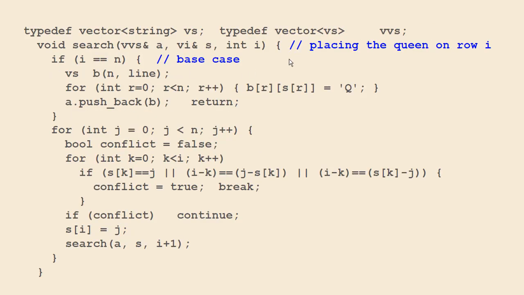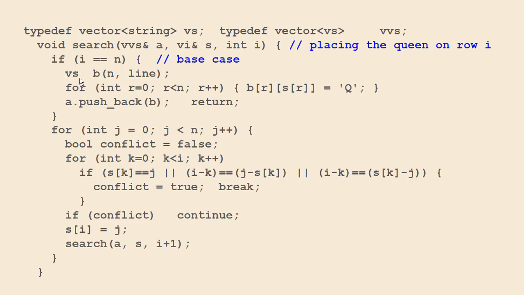This C++ code is actually solving nqueens. We are actually constructing the board. This is the base case: when I reaches n, that means we've already found a solution.